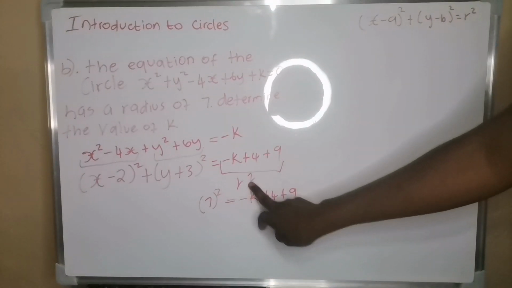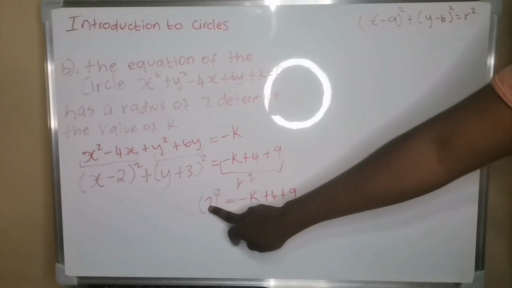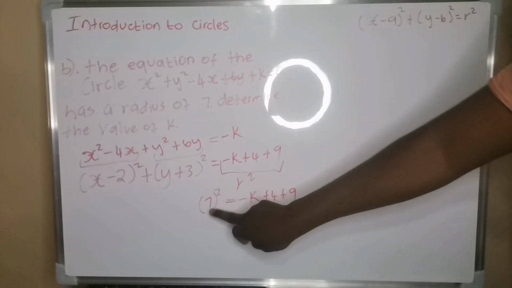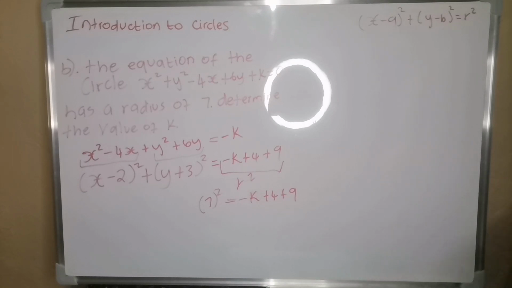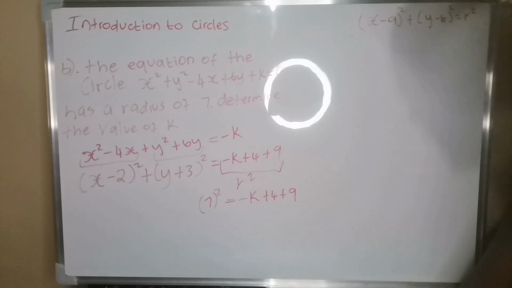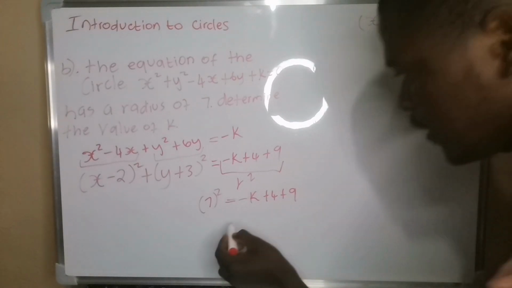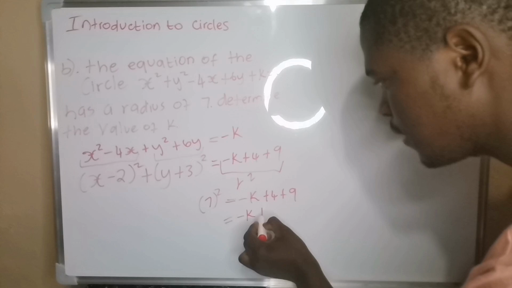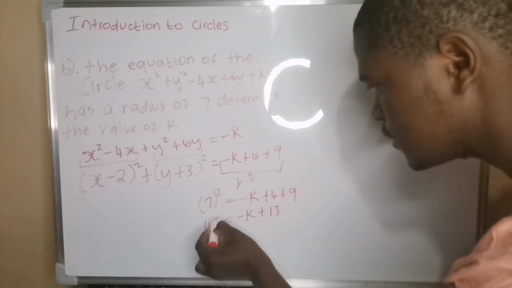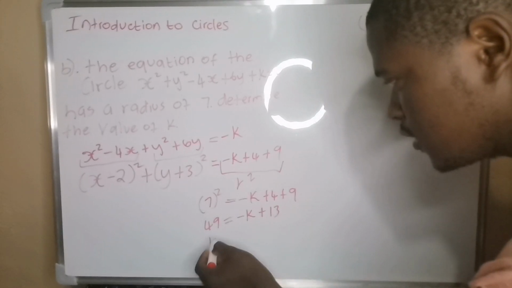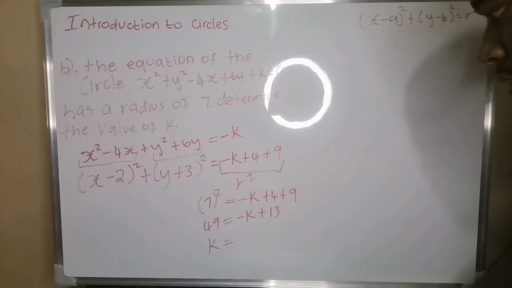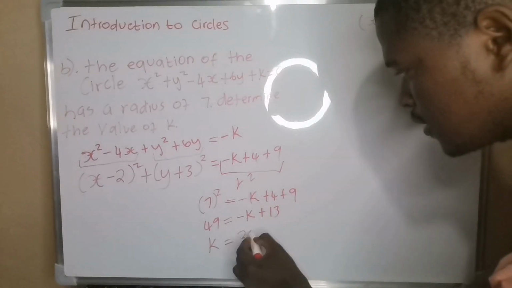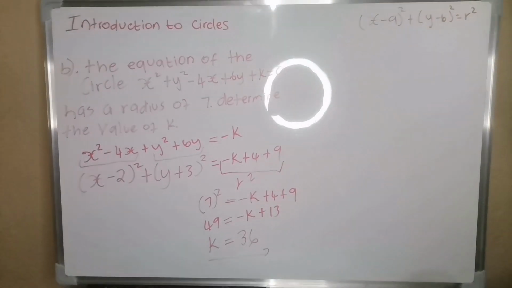Since r is 7, 7 squared equals negative k plus 9 plus 4. Now let's find k. Negative k plus 13 equals 49. Therefore k is negative 49 minus 13, which gives negative 36. That's how we find k.